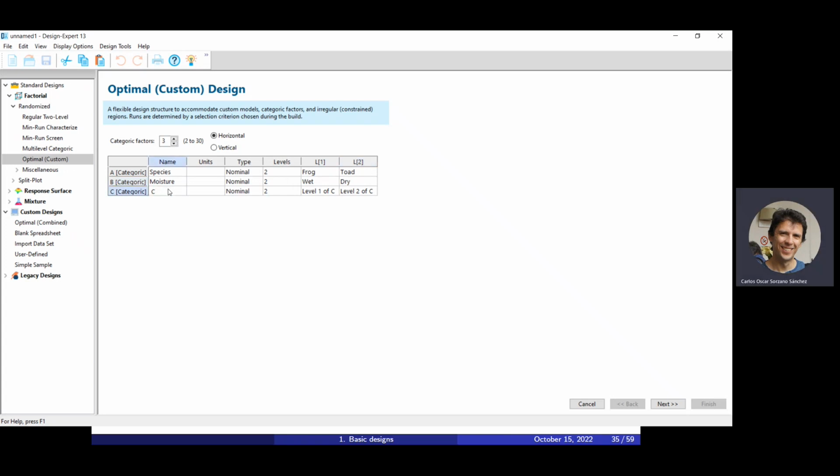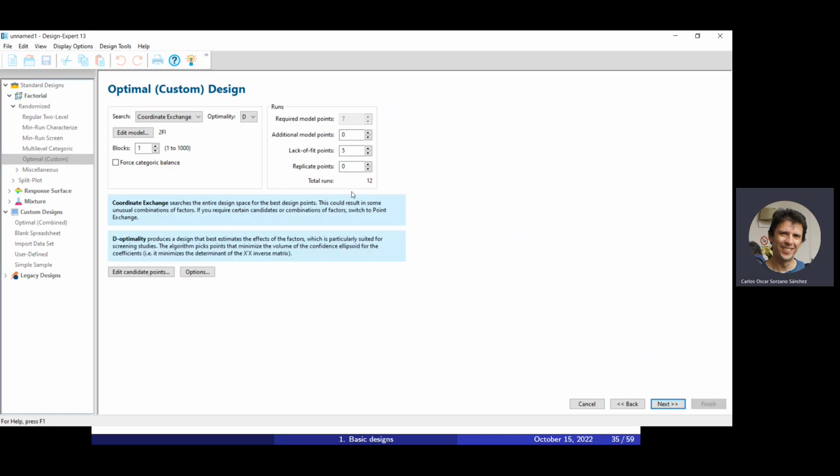And then we have a hormone, which is the treatment we can give. We can give control, that is nothing, and hormone. Okay, so now we have everything.